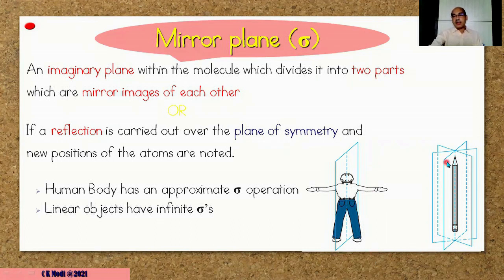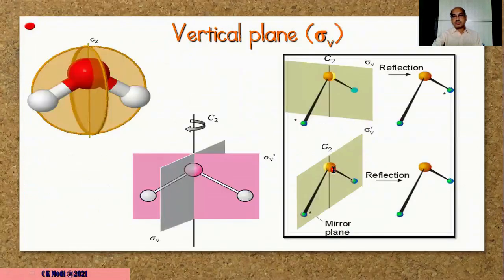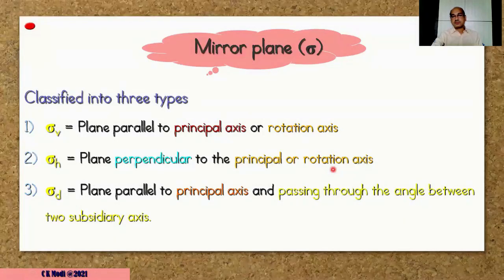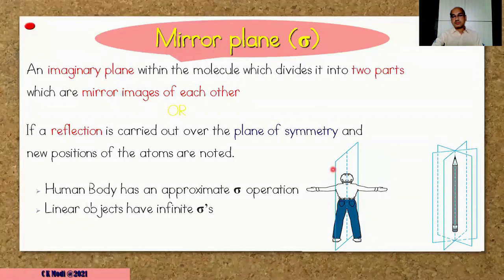Now look at this linear molecule, like a pencil. The pencil has not only one mirror plane, it has an infinite number of planes.